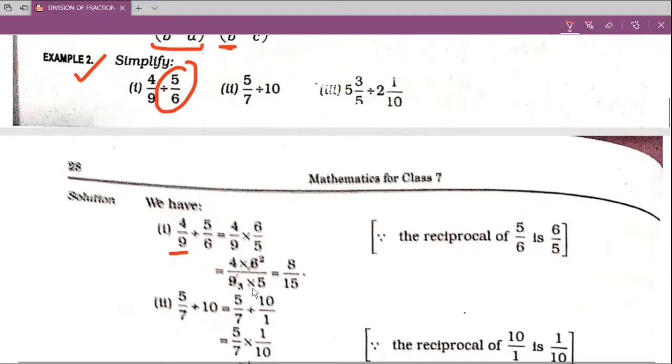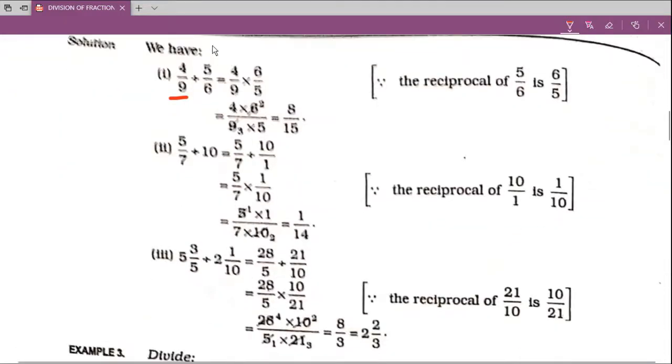So 4 by 9 into the reciprocal of 5 by 6, which is 6 by 5. 4 by 9 into 6 by 5. 6 and 9 have the common divisor 3. So 3 twos are 6 and 3 threes are 9. So 4 twos are 8 and 3 fives are 15. This is the answer of the given question.